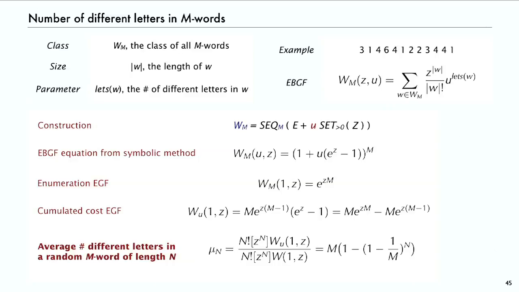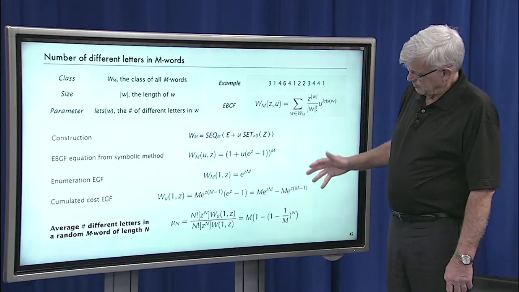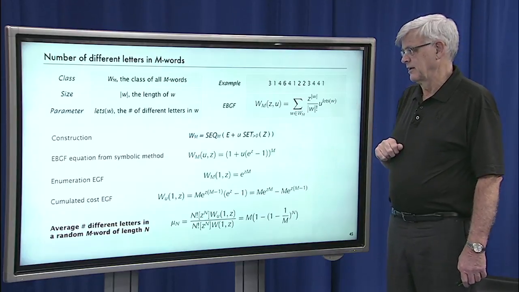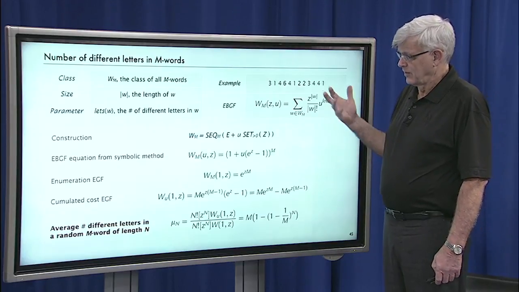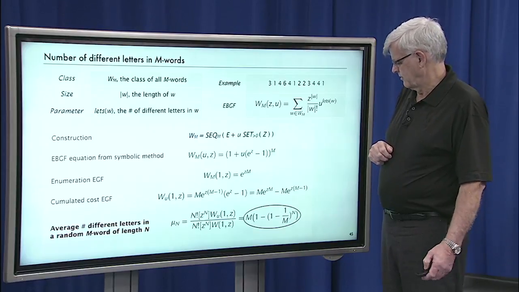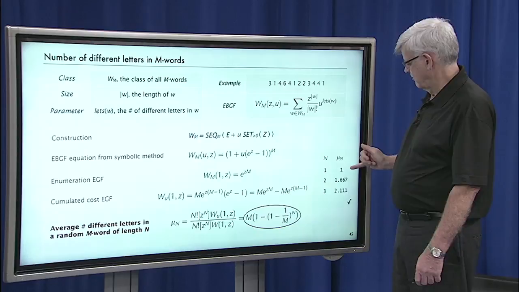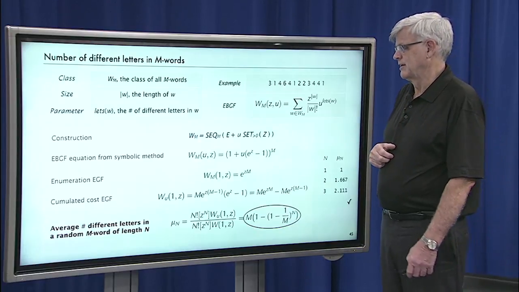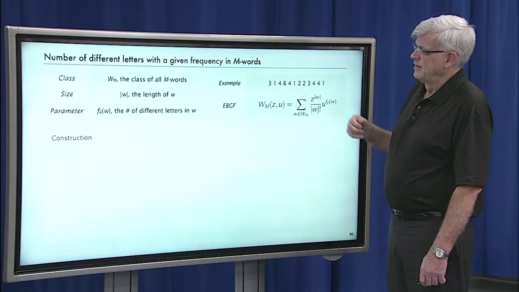The average number of different letters in a random M-word of length n is M times (1 minus (1 minus 1 over M) to the nth). So they're mostly going to be different as n gets large. All the letters are going to be there. That's to be expected, and that checks with what we observed on the previous page.